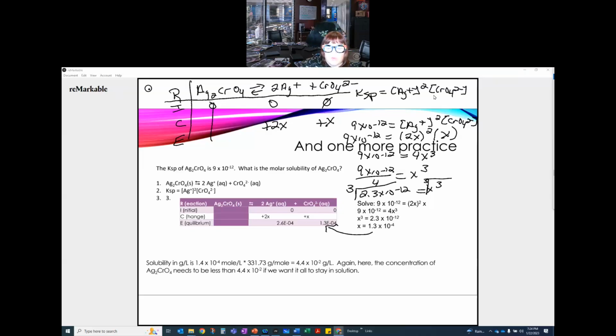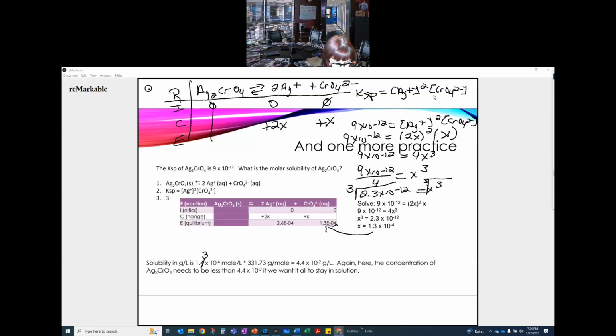Okay. If I want to find it in grams per liter, I have to take that number, which should be 1.3 times 10 to the minus 4th, not 1.4. Hold on. Yeah. So this number right here should be 1.3 times 10 to the minus 4th.